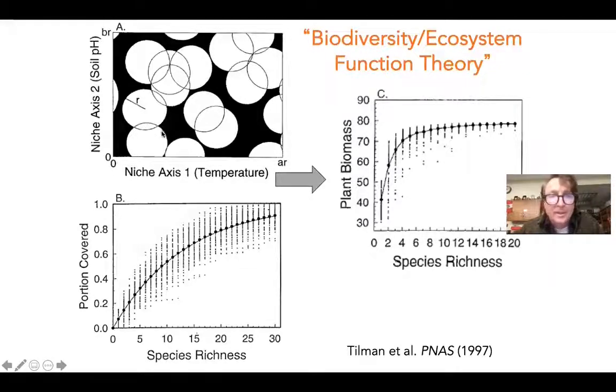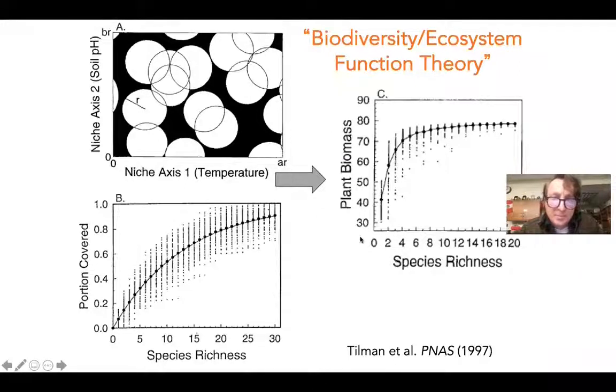The assumption of this work is that as you add more and more species to a community or an ecosystem, those species start occupying more and more of this overall niche space. And as you occupy more niche space, you can produce more and more biomass or utilize more and more resources.